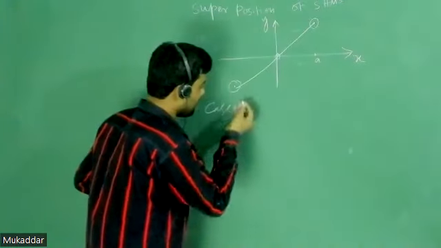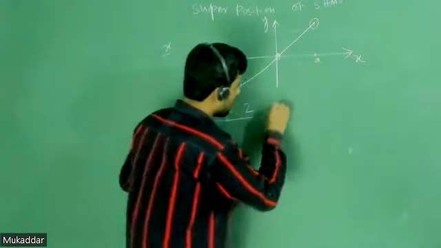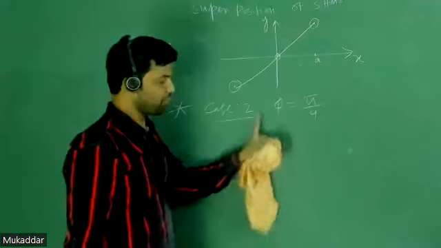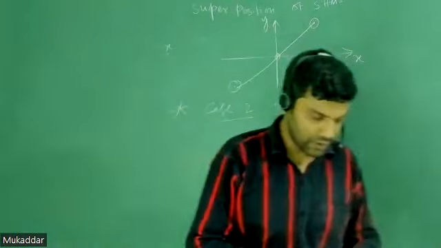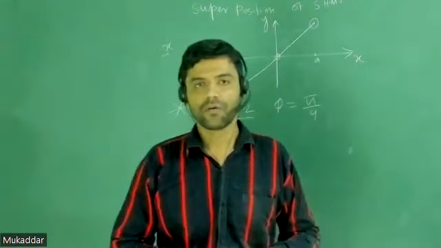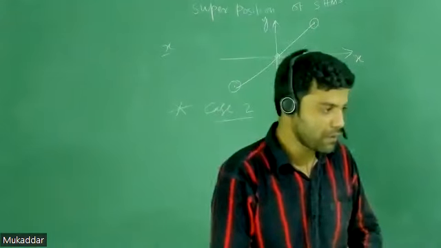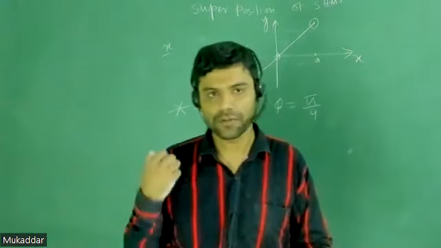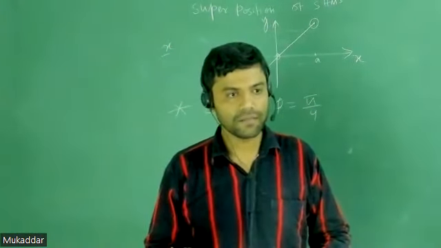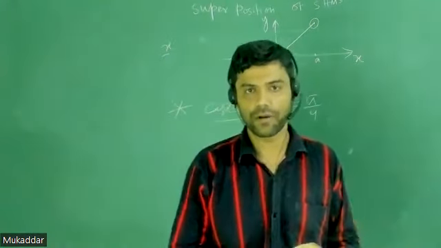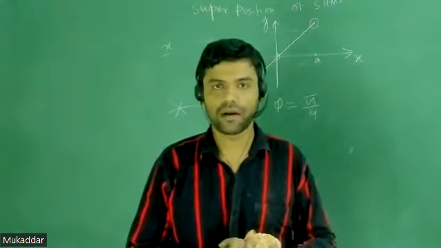जैसे सपोज मान लीजिए मैं केस नंबर 2 ले रहा हूँ और यहाँ पे मैंने phi equals pi by 4 लिया है. अगर आप इक्वेशन ऑफ ट्रैजेक्टरी में phi equals pi by 4 सब्स्टिट्यूट कर दोगे, I think it will be very difficult to obtain that kind of trajectory.